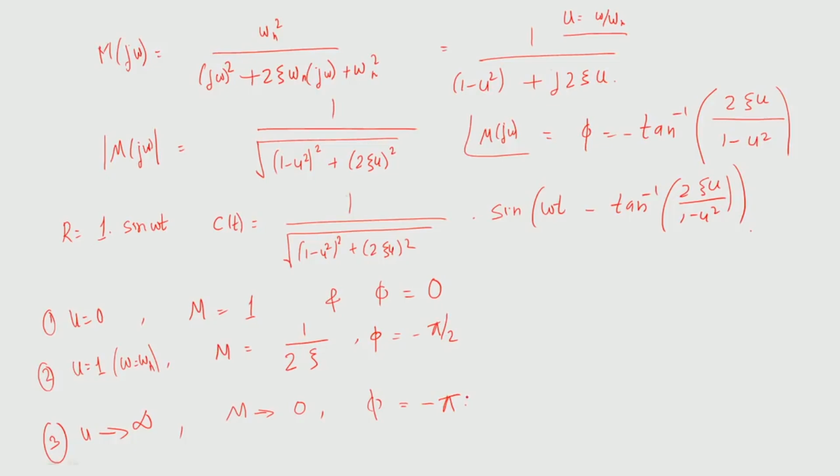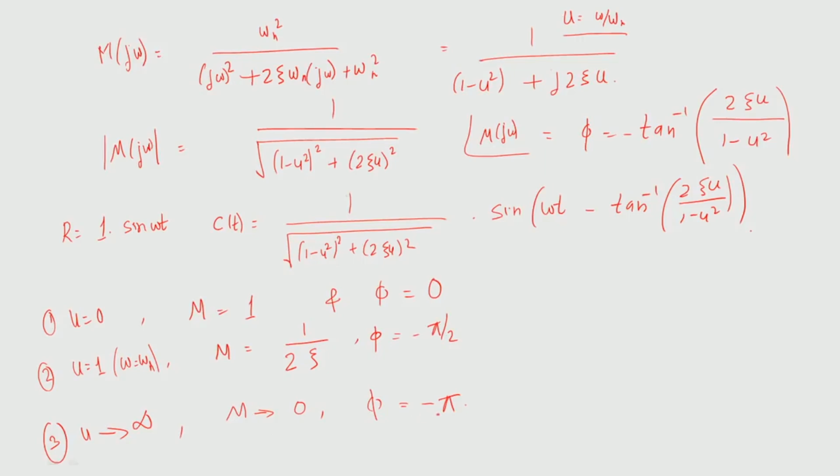So, m starts at a certain value of 1, that is for 0 frequency signals. Then at u equal to 1, where omega equal to omega n, the natural frequency, I have some other value, and as u goes to infinity, my magnitude goes to 0 and phi becomes minus pi.